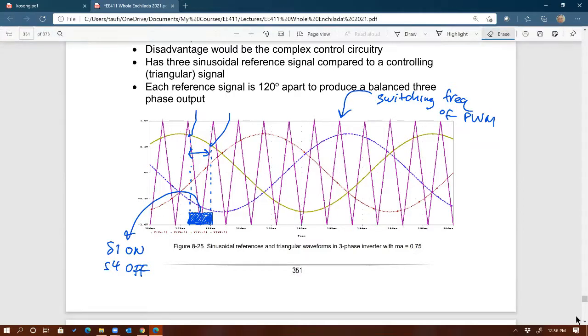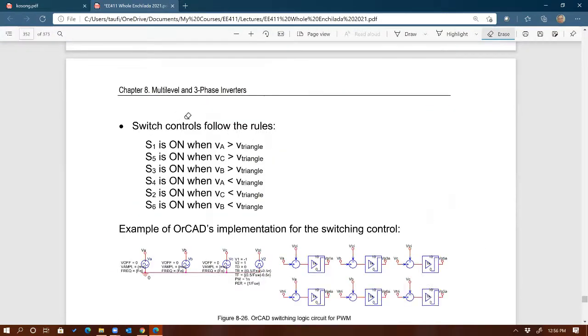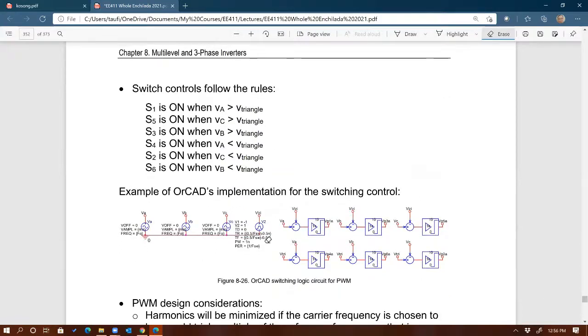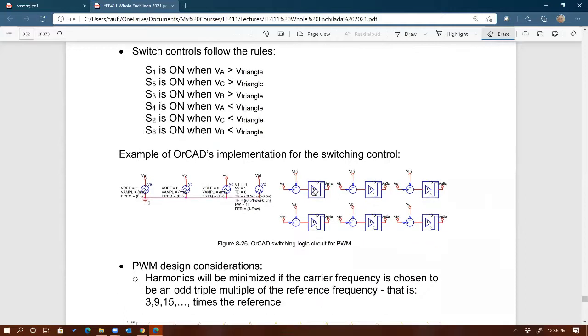All right. So that's what you do, and of course, you have to implement this in the logic circuits, in the controller. So you have to have comparators and then amplify the output, and then use a driver to provide the power for you to be able to turn on the MOSFETs, for example.